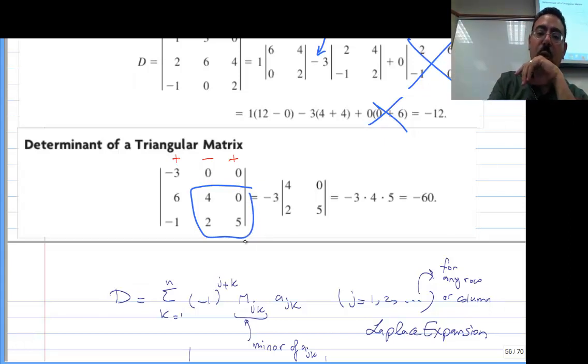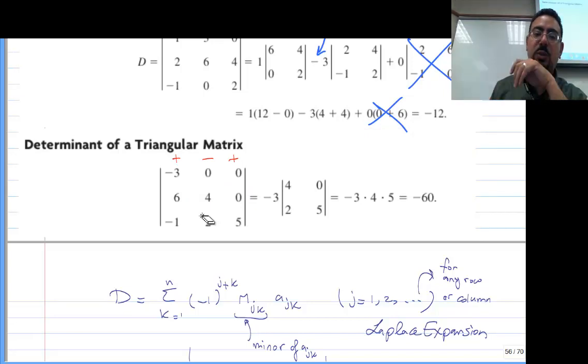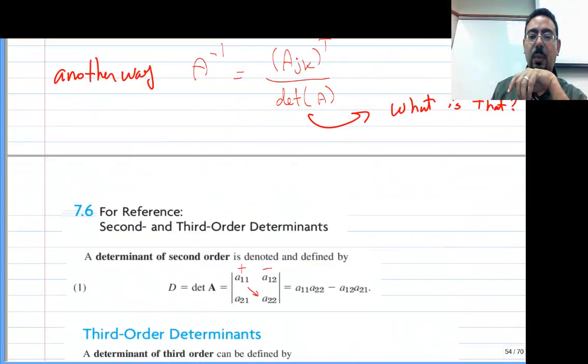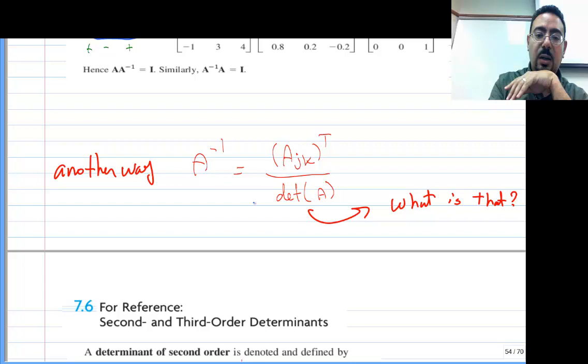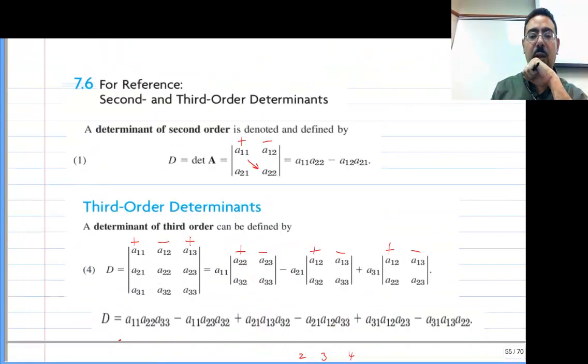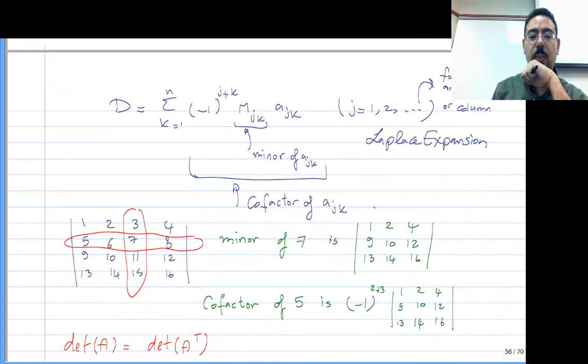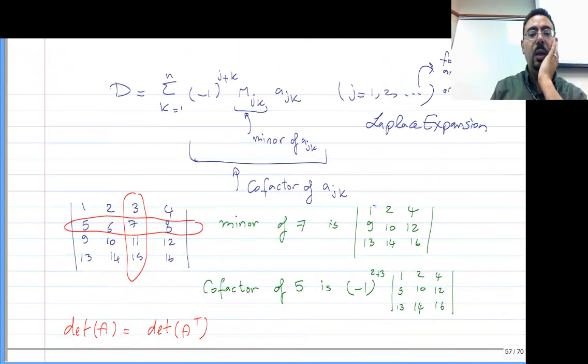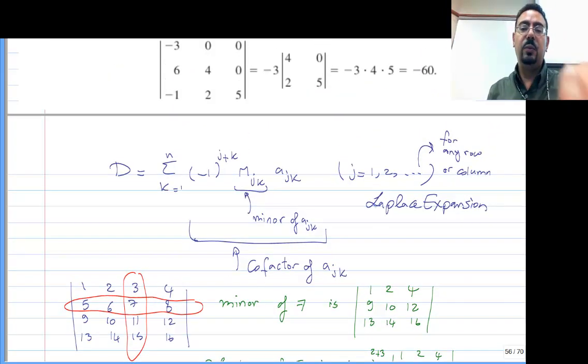Alright. So all this was basically just to determine this guy. So what is that? A_JK to the power T. Let me just say that first.